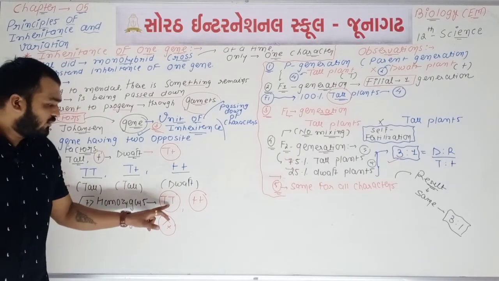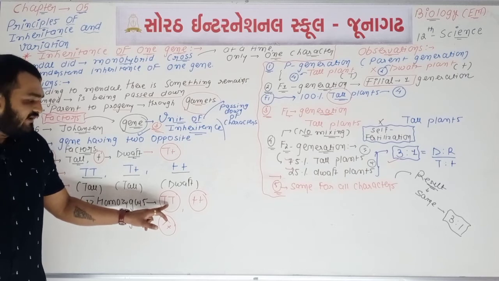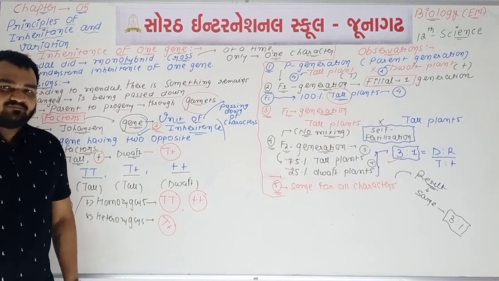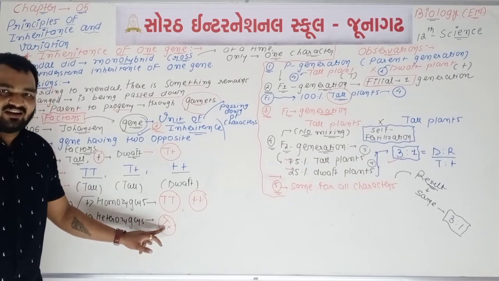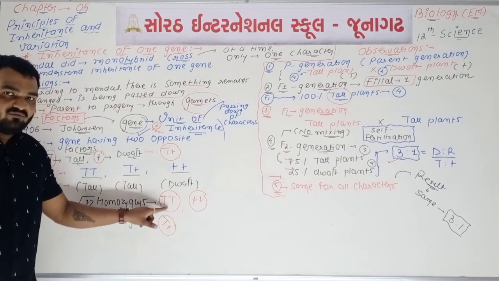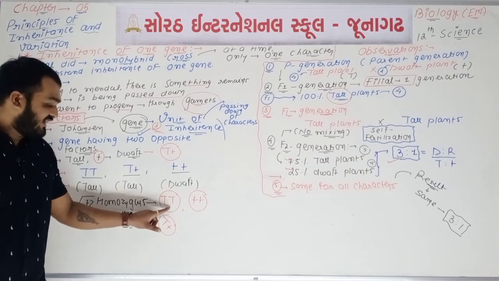We can say that if both alleles are the same, if both factors are the same in allele, it is known as homozygous. If both are different, it is known as heterozygous. This is homozygous dominant, because capital T is dominant.